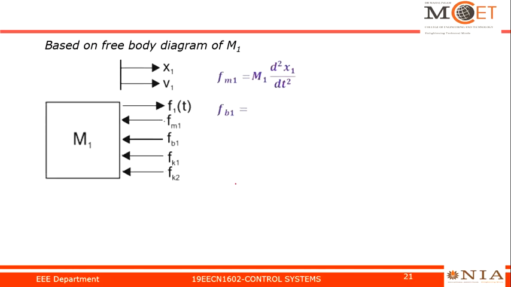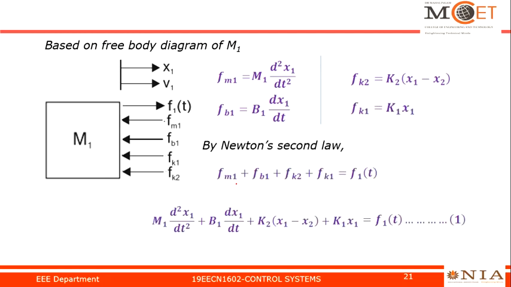Then write the equation for the first one, the force balance equation: sum of opposing forces equal to applied force. So m1 d square x1 by dt square plus b1 dx1 by dt plus k2 into (x1 minus x2) plus k1 x1 equal to f1 of t. Right?